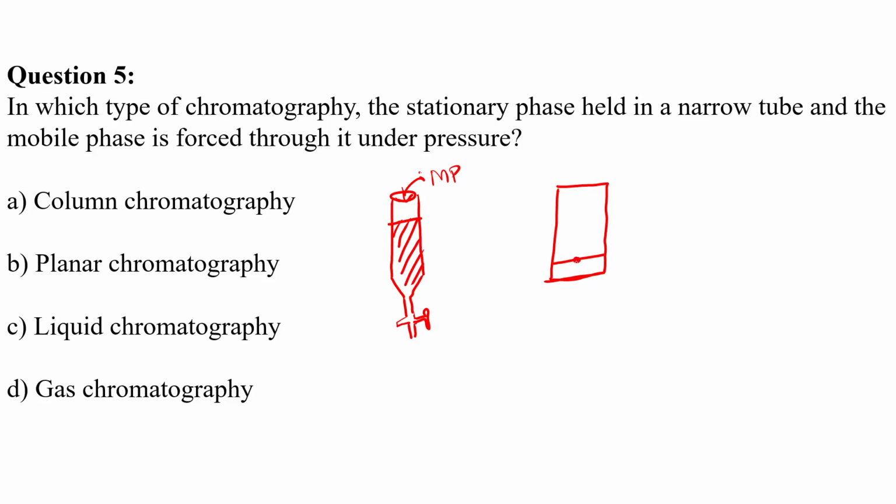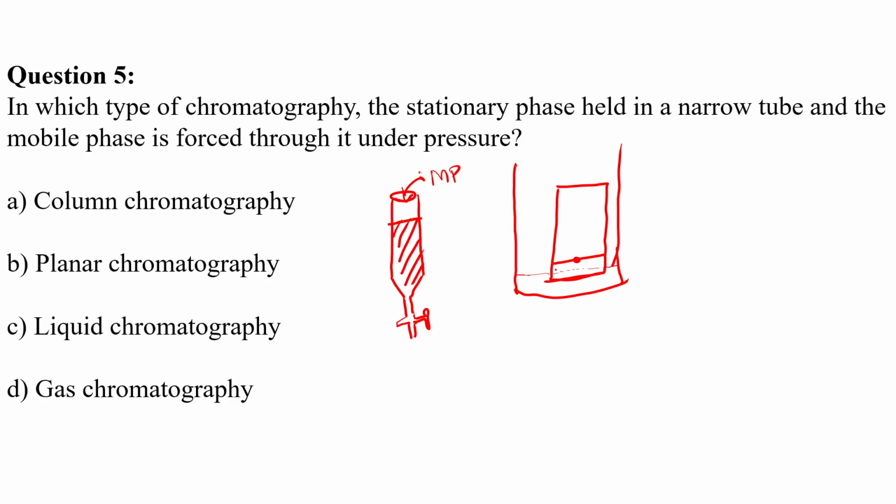I will put a spot, dry it, and then dip this paper, or TLC plate, whatever you are using, in a beaker containing the mobile phase, where the mobile phase won't be touching the spot that I have made. So the mobile phase will be below the spot.